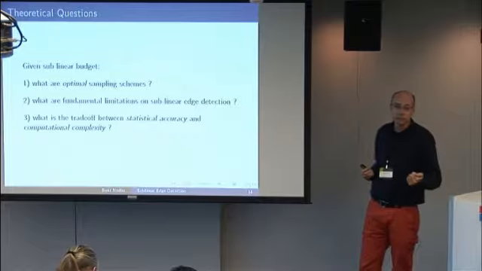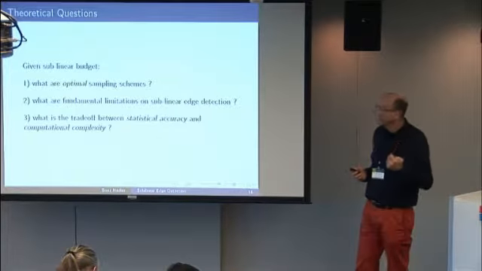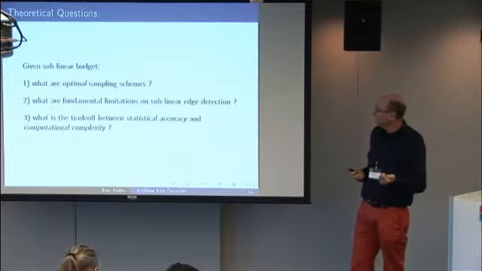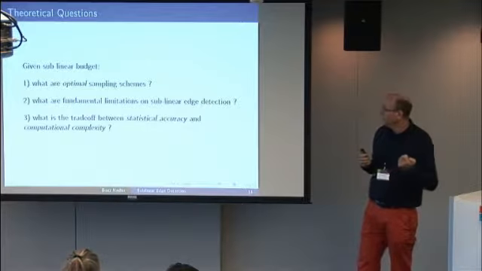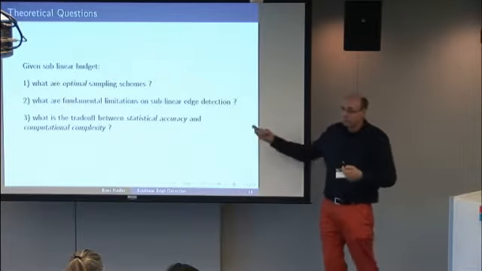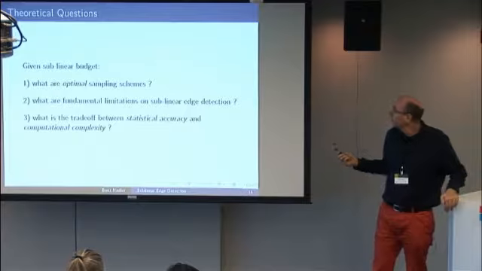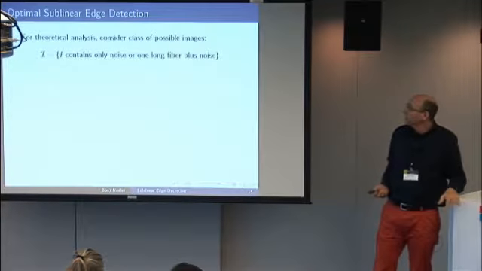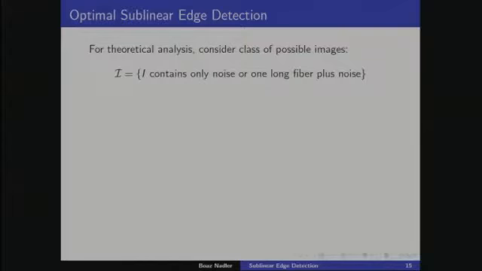Which pixels should I sample? What are fundamental lower bounds? And what's the trade-off between statistical accuracy and computational constraints? So I'm going to do that. The analysis I'm going to do on a very simplified class of images, and I'm going to do a worst-case scenario.